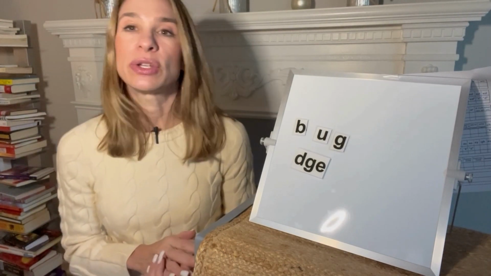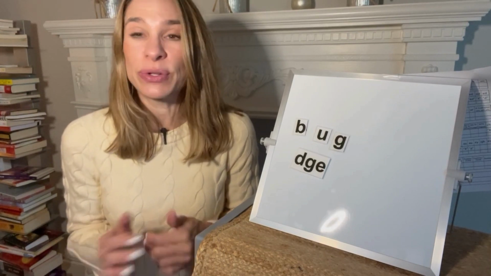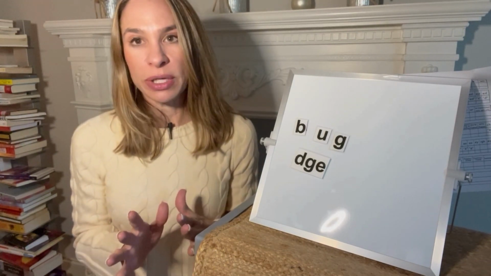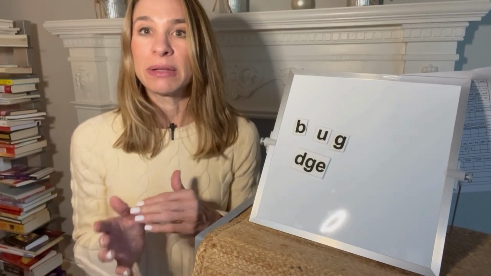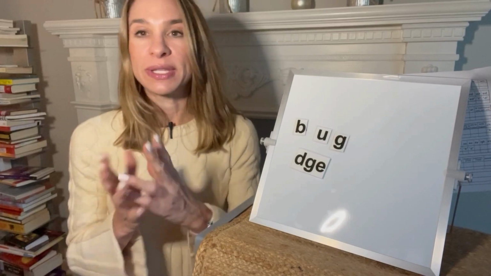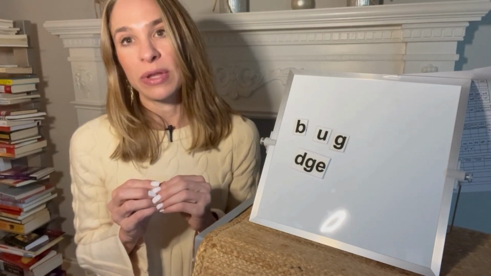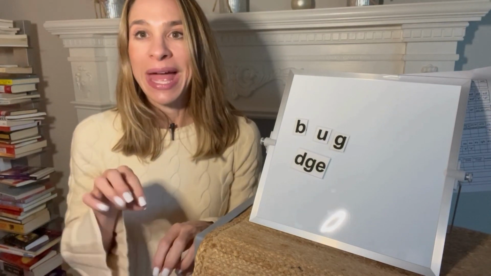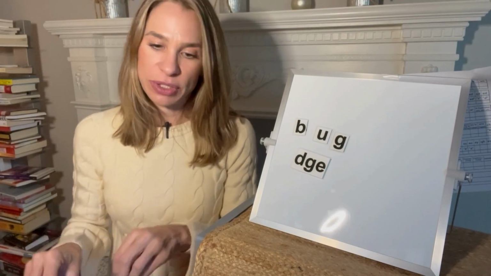Another activity we could do is using little tokens. You can actually get coins, you could get pennies or something, or just make some paper tokens, anything you want to do, but you use the tokens for this activity and you say a word and you have the student repeat it. Let's do the word badge. So the student says badge, and as they say each sound in the word, they place a token down. So you would have them say b-a-j, and for each sound they hear, you have them place down a token.